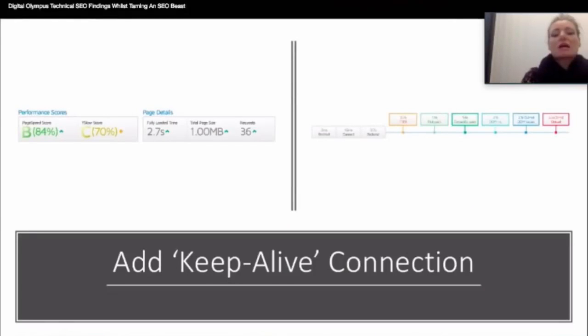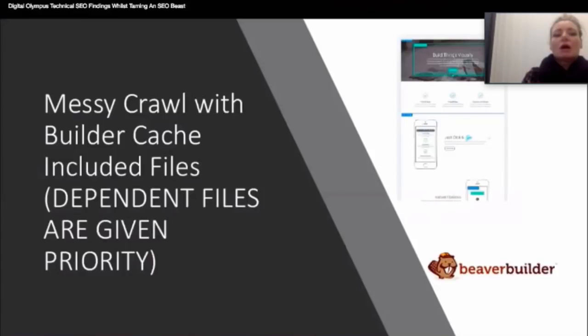So add things like keep-alive connections as well, to stop having to keep reopening the connection. We're starting to get there a little bit now. Obviously, we've still got issues, still trying to work through things, but it's starting to get a bit smaller. So, as I say, we looked at messy crawl with things like builder caches from included files.